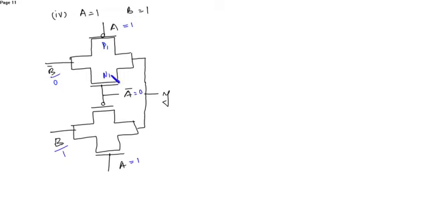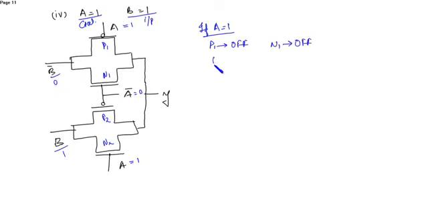This is P1, N1, this is P2, N2. So if A is equal to 1, since this is the control signal and this is the input, then P1 will be deactivated, it is off. Here also N1 will be off. P2 will be on and N2 will be on. From this you can see P2 is on and here N2 is on.